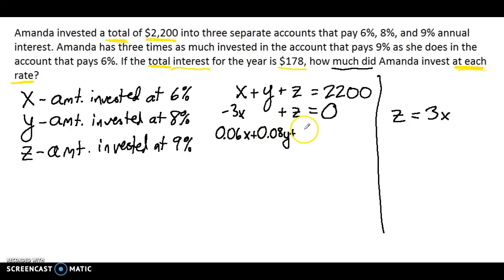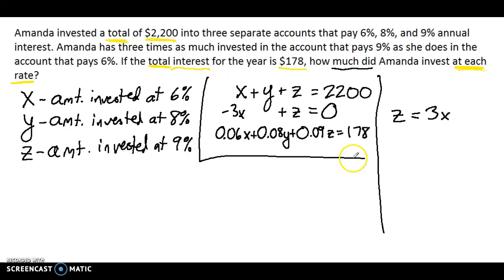And we'll multiply z by 0.09. And that sum should be $178. So now we have a system of equations that can solve for x, y, and z.